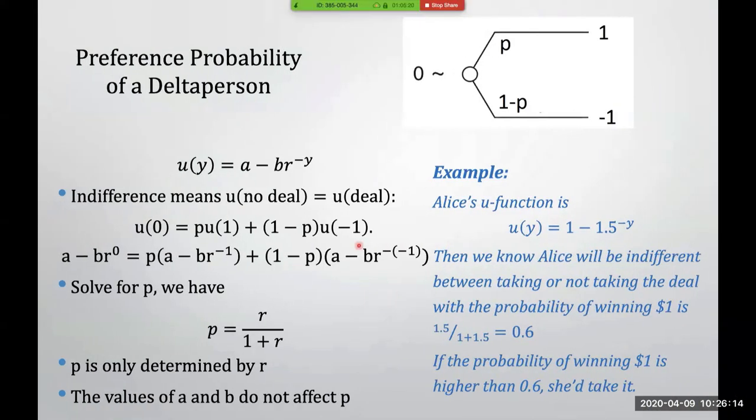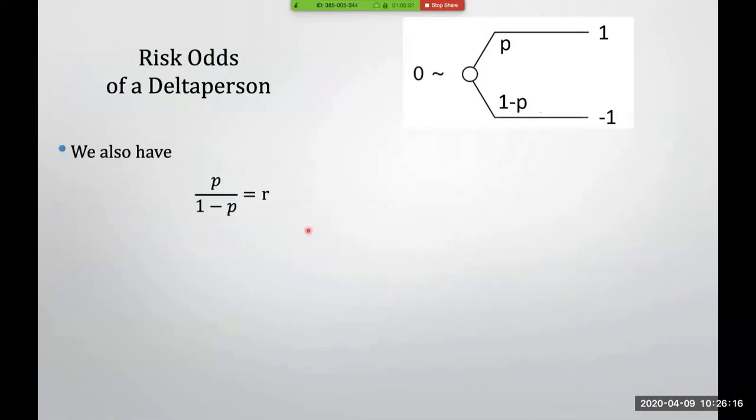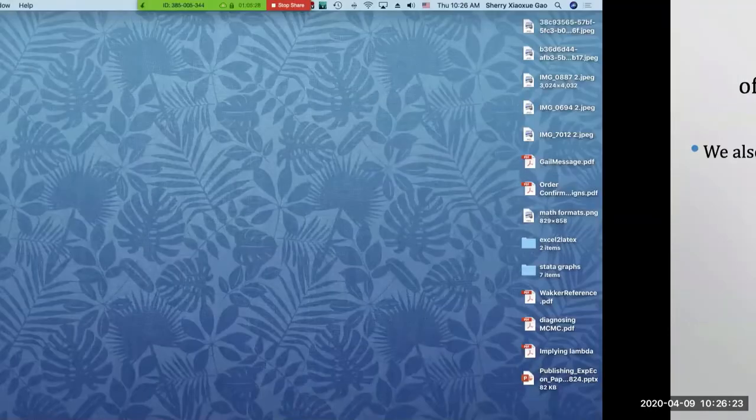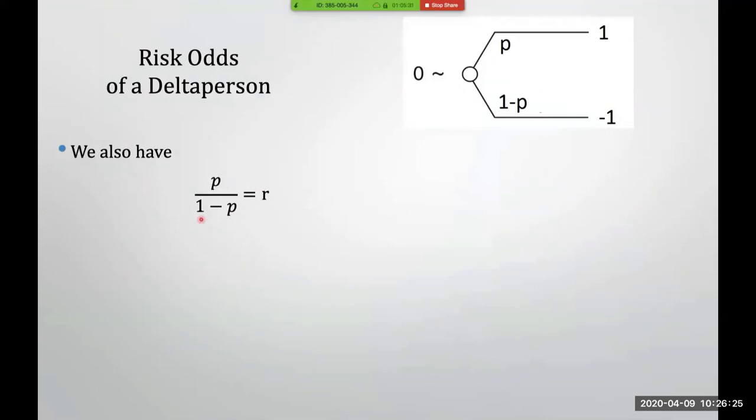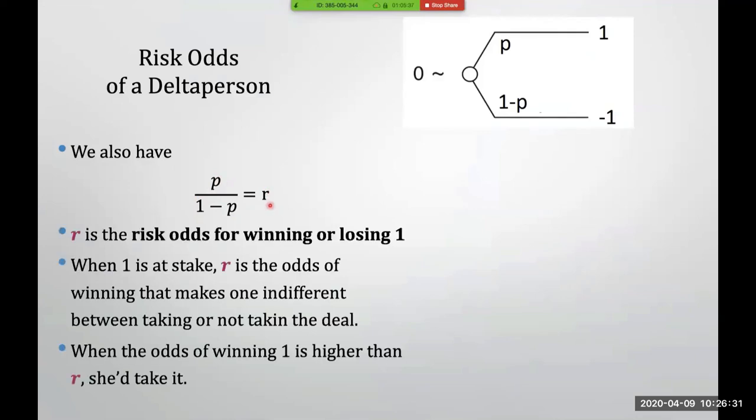Okay. The risk odds, P over 1 minus P, we know P is equal to R over 1 plus R. Then substitute in, like I illustrated, and you will have the risk odds of a delta person. So R is the risk odds for winning or losing $1.